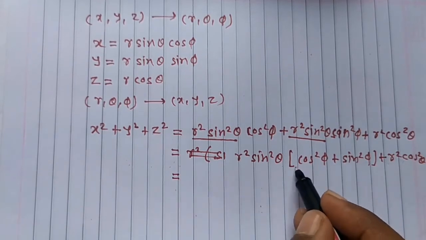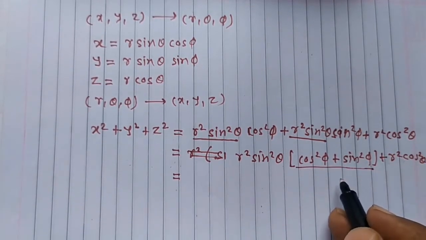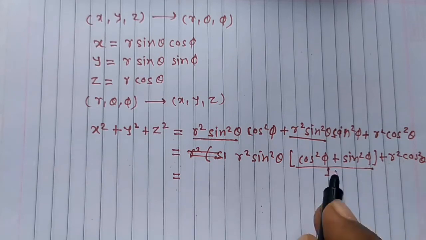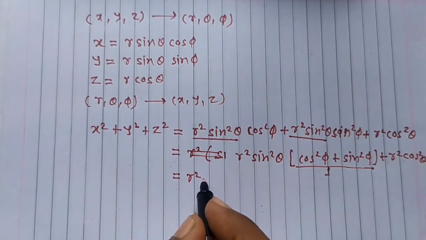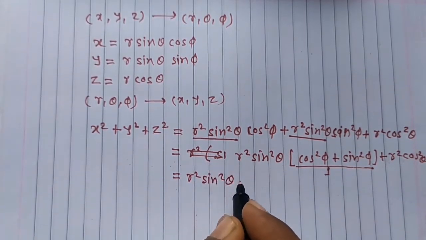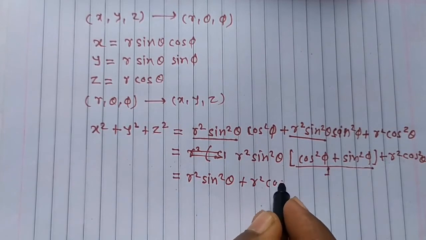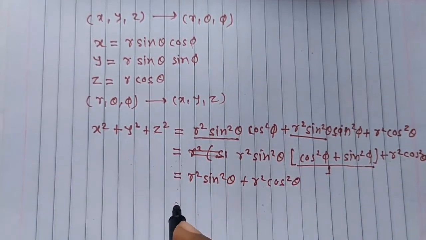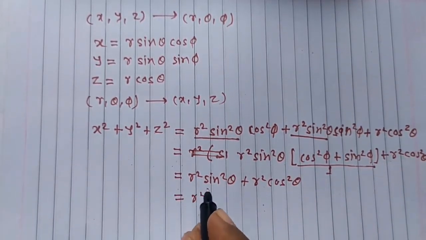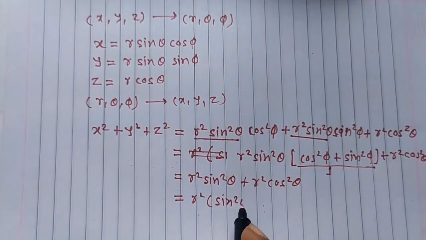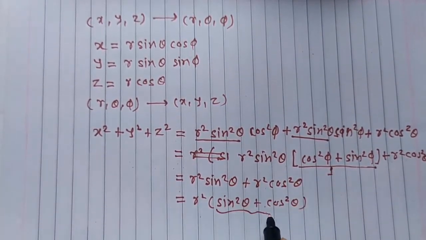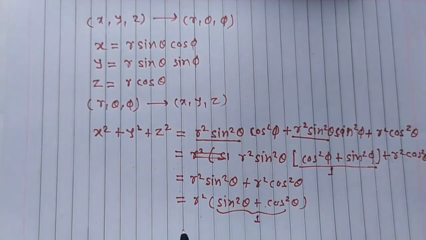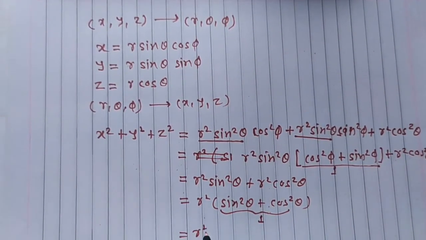You can see cos square phi plus sine square phi is 1, so we get r square sine square theta plus r square cos square theta. If you take r square common, you will get sine square theta plus cos square theta, whose value is again 1. So this is r square.